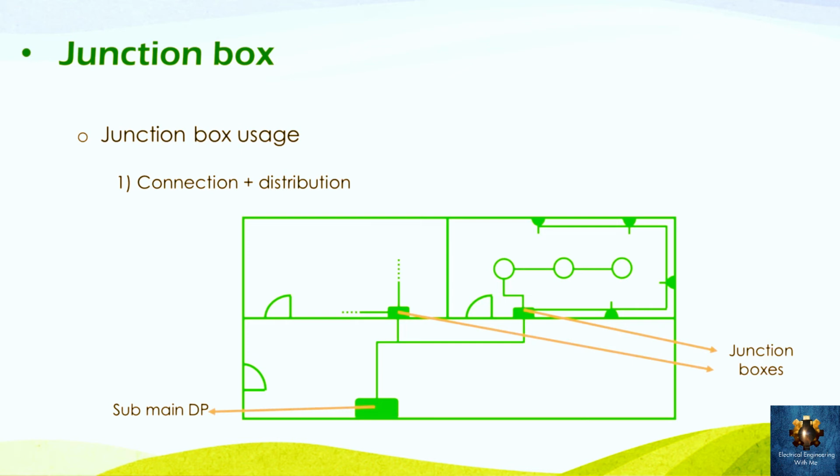Here we will go out of the sub-main distribution panel with a conduit that passes in the ceiling through that path, so this will be the main conduit which has the electrical wires inside it. Now we will enter each room through a junction box. Hence this junction box works as an intermediate between the loads and the incoming power.